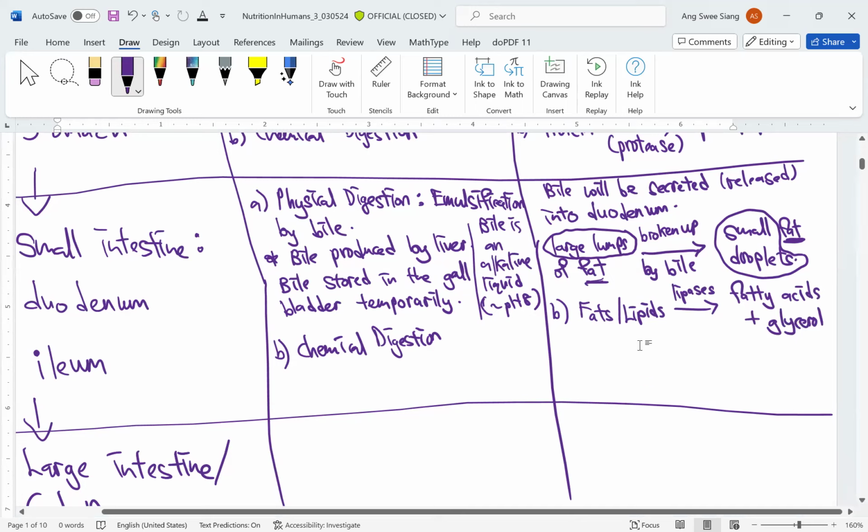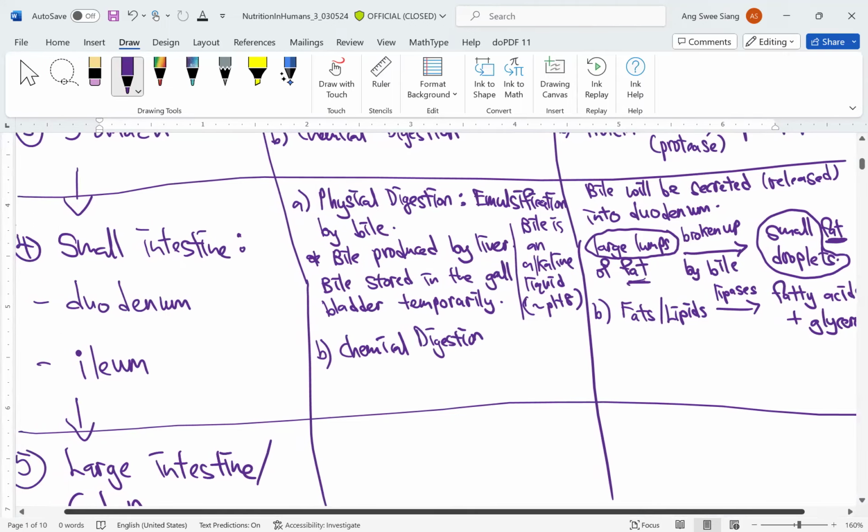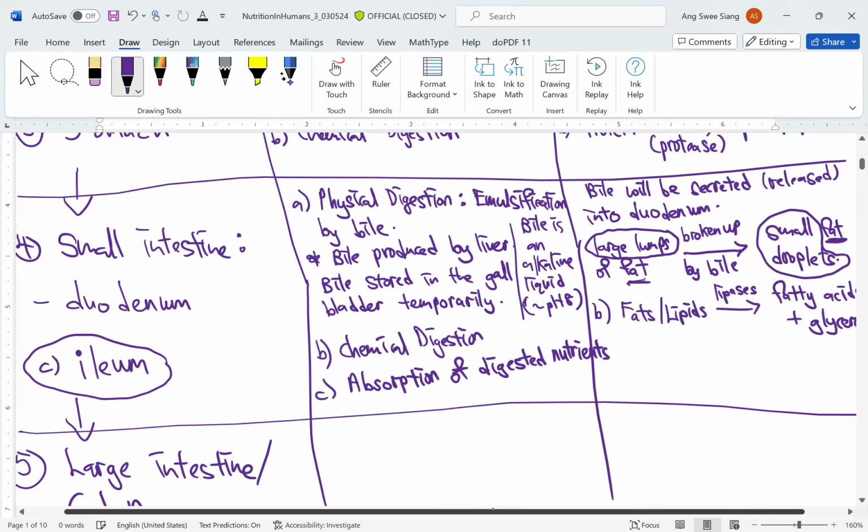Then the small intestine has one more important function, which is related to the ileum. The third point is the absorption of digested nutrients into the blood. Maybe I write this as C, and A and B for the others, so that you know whatever I have written in the right columns are related.